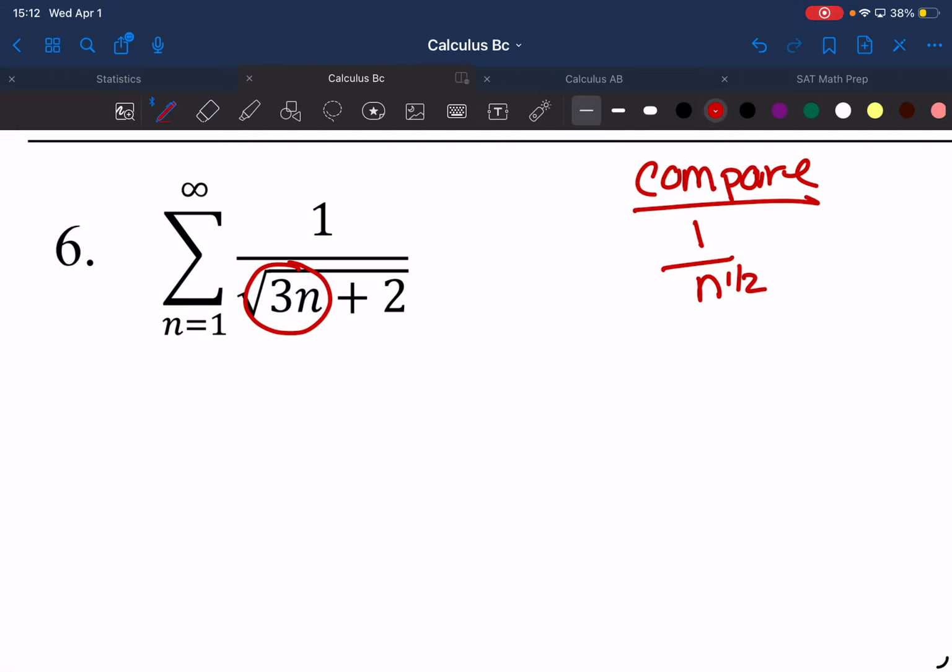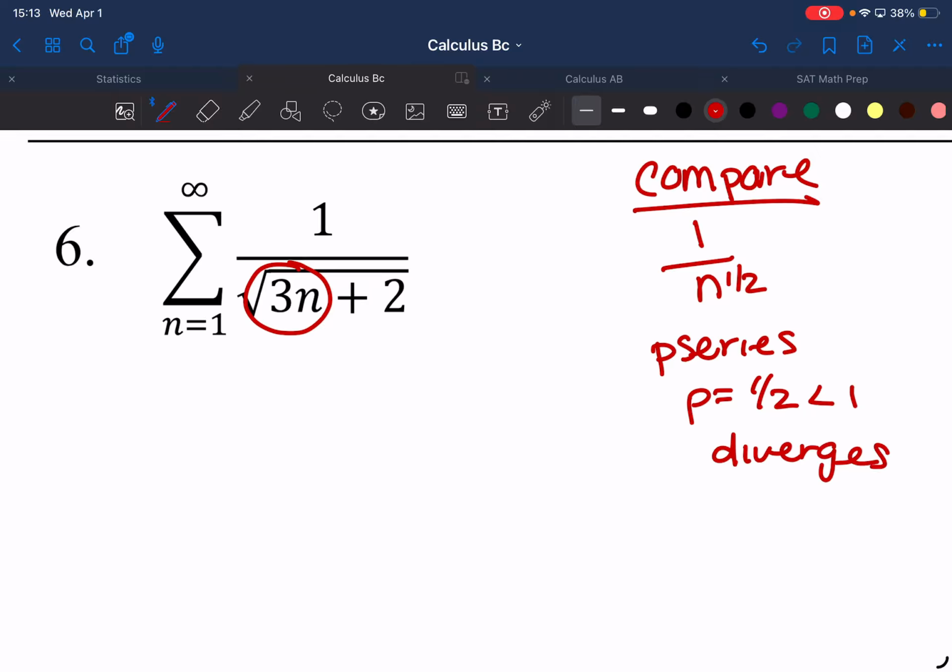And we do this because it can be easily identified as what series? A p series, where p is equal to 1/2. And remember, if it is between 0 and 1, we say that this diverges.